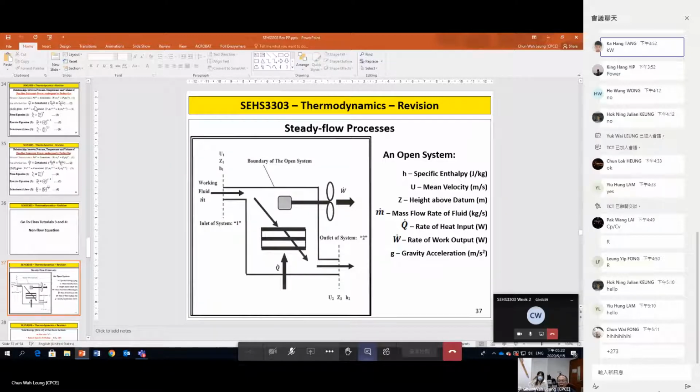So now we change from non-flow to a flow. In front of you is a box, but this box we allow the working fluid to enter continuously from section 1, and then we also allow the working fluid to leave at section 2. So fluid is allowed to enter and also allowed to leave the system. Therefore, it is a typical flow system.